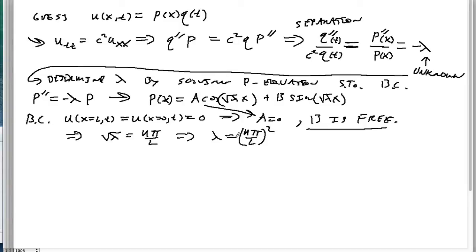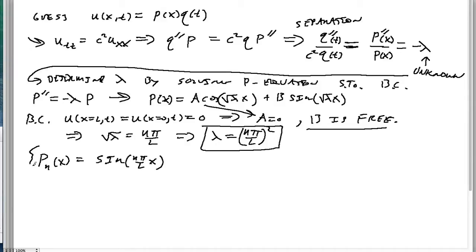So now lambda is no longer unknown, and we have a set of functions P_n of x equal to sine n pi over L x. Now we go on to solve the Q equation, which is very similar.